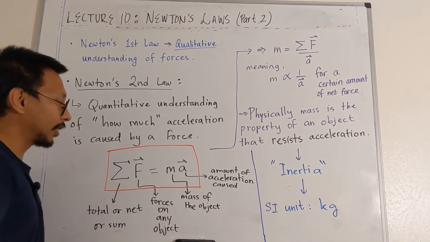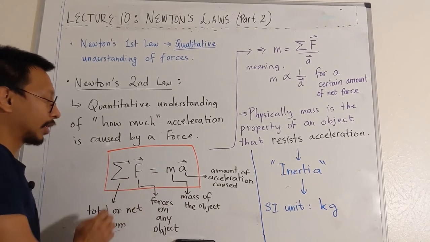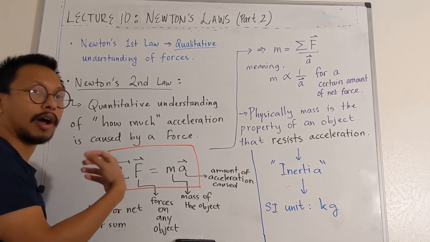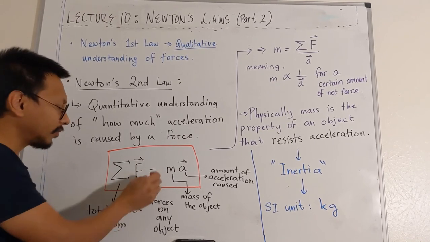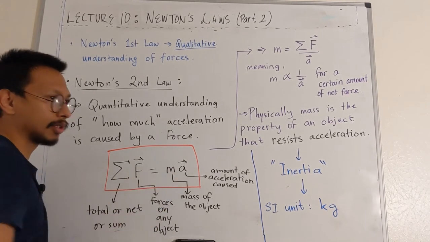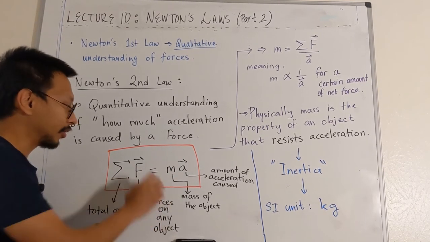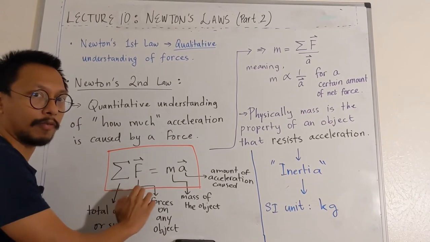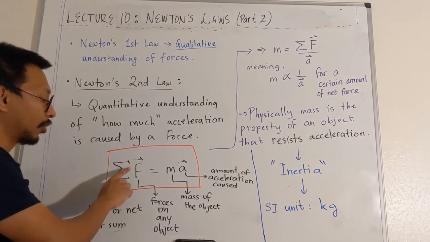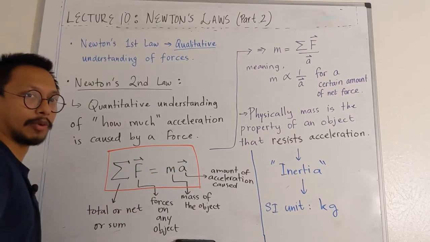Newton's second law is read as follows. It tells me that the summation of all forces on a particular object is equal to the object's mass times the acceleration that this summation of forces causes for that object. We would note that this is a vector equation.